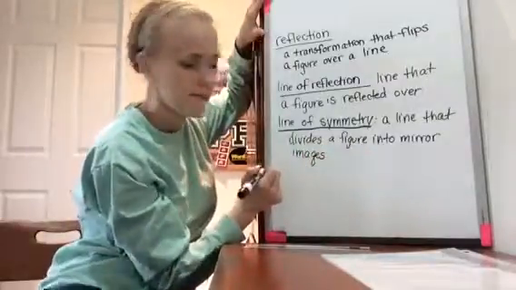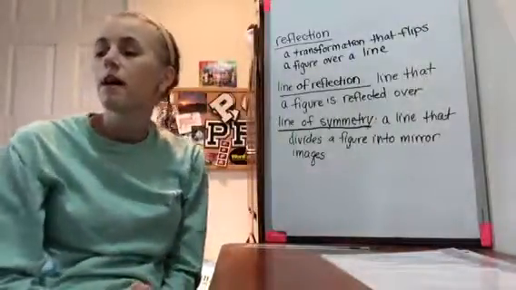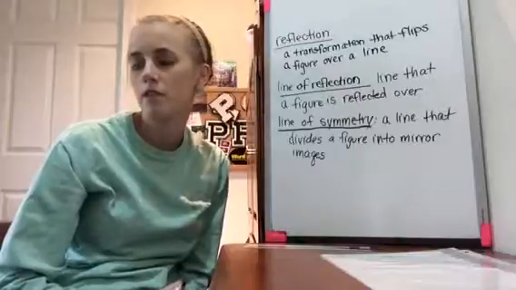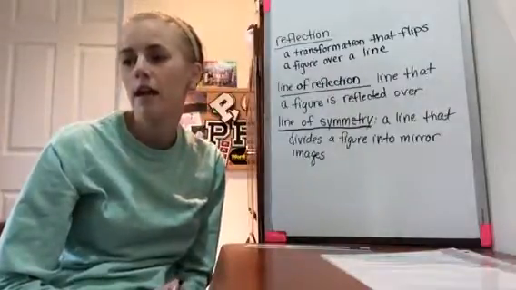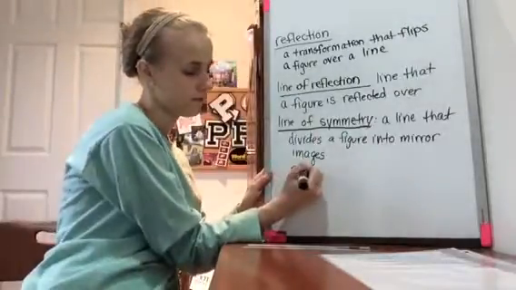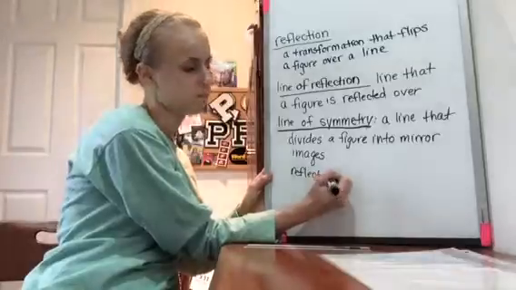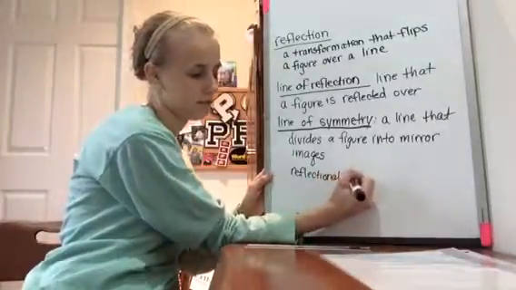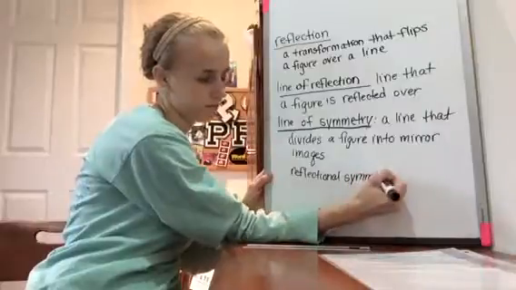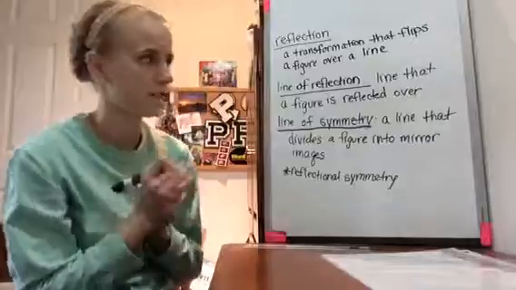All right. And then the last vocab word we have is a figure can be reflected over a line so that the image matches the original figure if it has reflectional symmetry. Okay, so this is the last part to your vocab word.